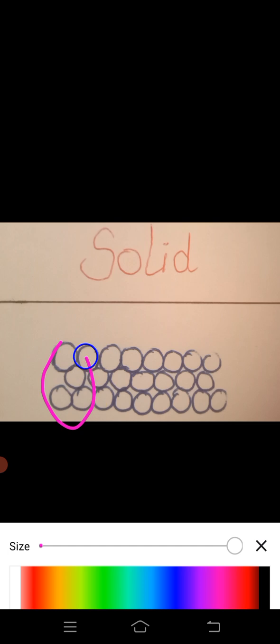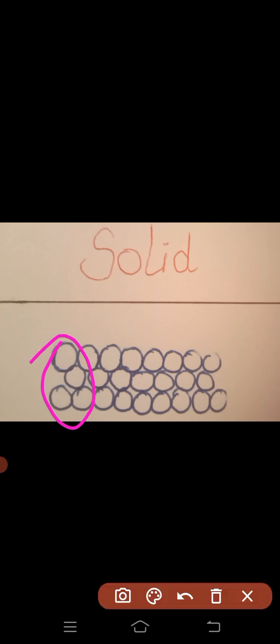Observe each molecule, how they are packed, how much space is provided. Observed? May I go to the liquid? See this also, it is solid. Here also, observe everywhere.